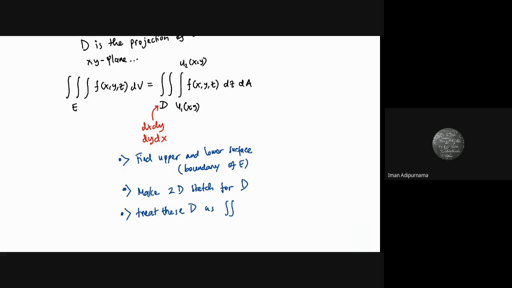And if you check your textbook, it has explanations about the first, which is dx dy, and the second, which is dy dx. In a real case when you are solving problems, that depends on the case. Each case will be different.